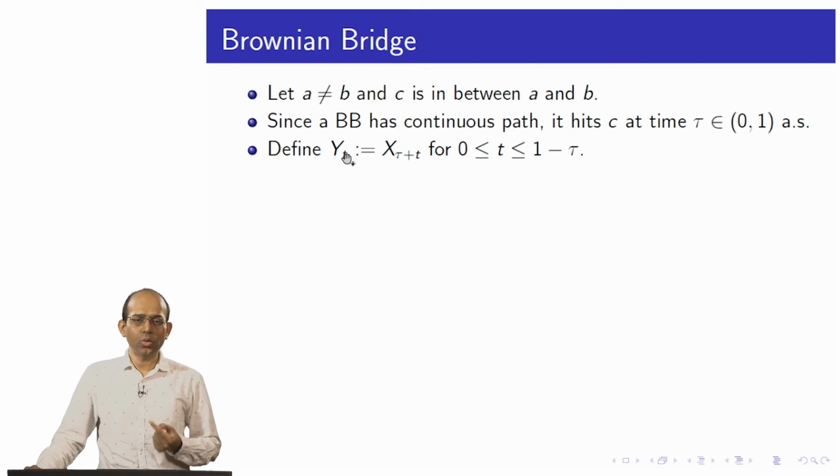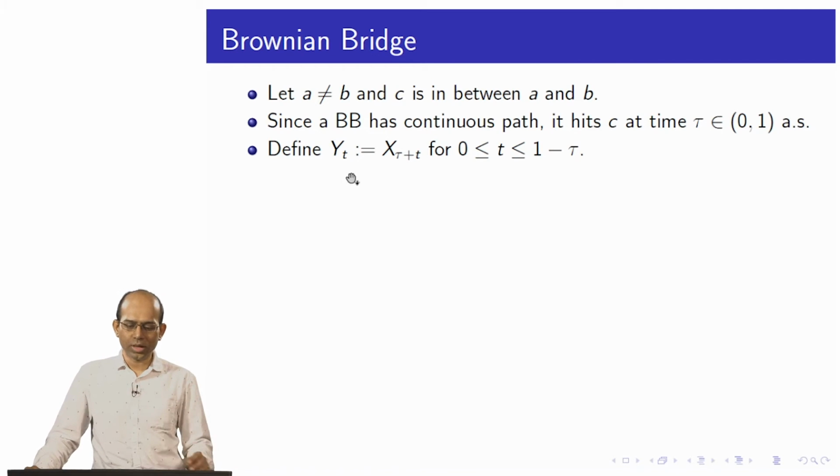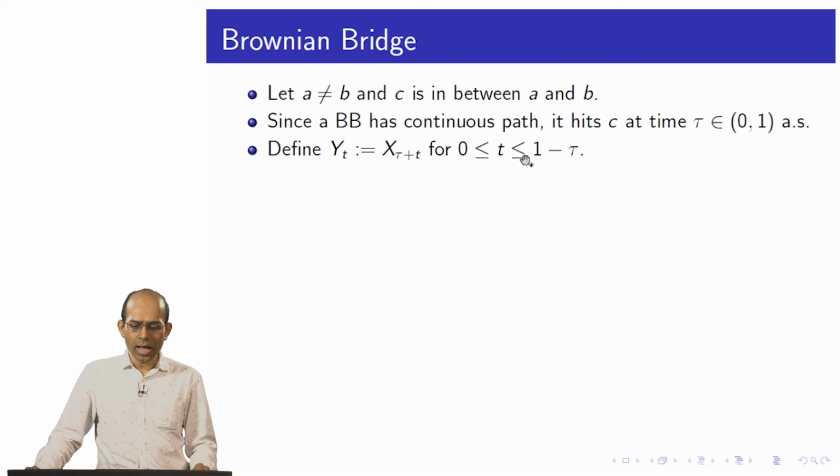Then we define Yt, doing this step by step, the time change, as X of tau plus t. That means Y0 is equal to X tau, and t is running between 0 to 1 minus tau.